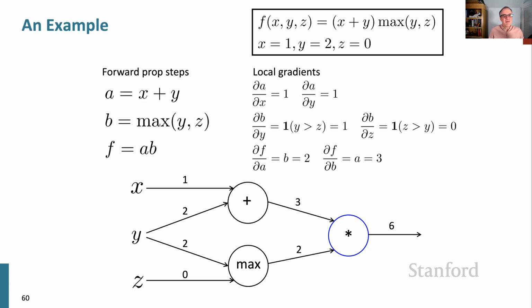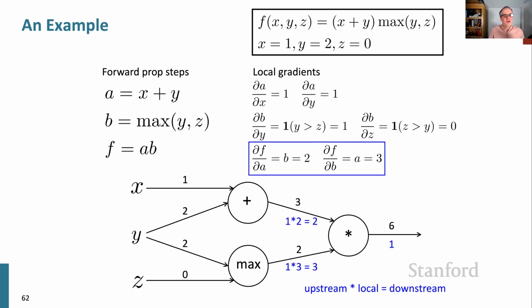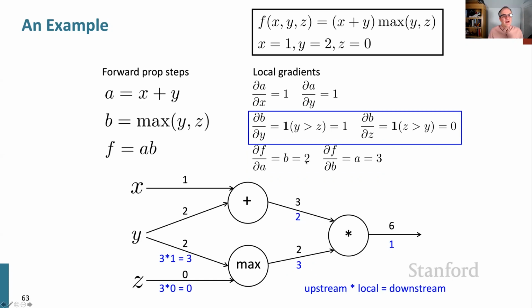And so then to run backpropagation, we start with df, which is just 1, and then we work out that the downstream equals the upstream times the local. When you have a product like this, note that the gradients flip. So we take upstream times the local, which is 2.